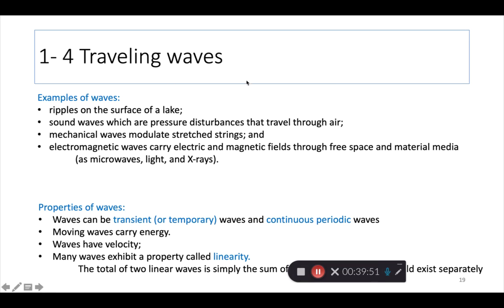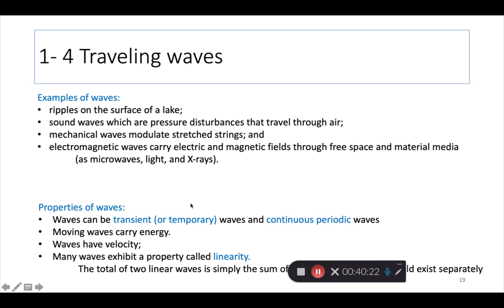So what is a traveling wave, right? Waves on the surface of a lake, sound waves that travel through air, mechanical waves on strings, electromagnetic waves like microwaves, light, X-rays, all these are waves. Properties: waves can be transient or temporary, or waves can be continuous.